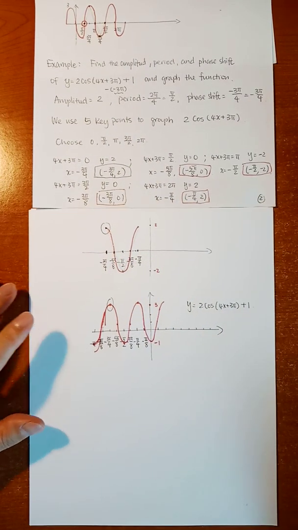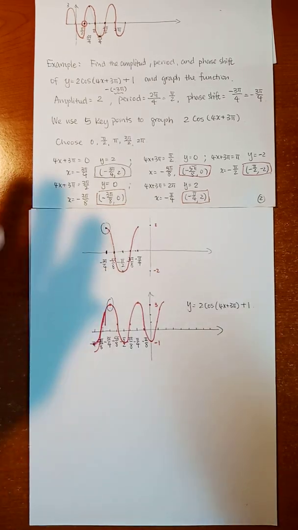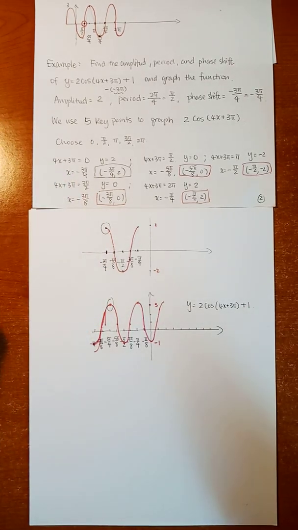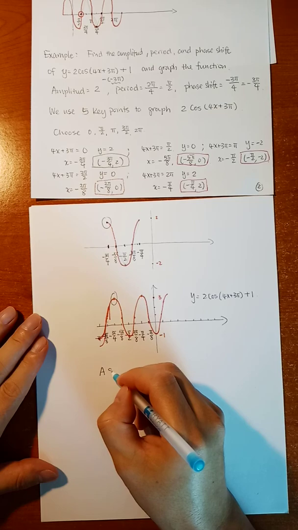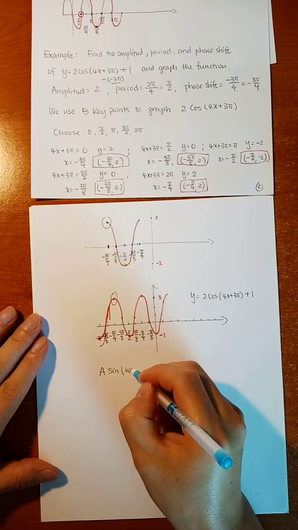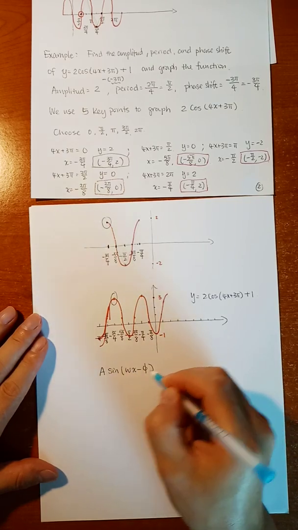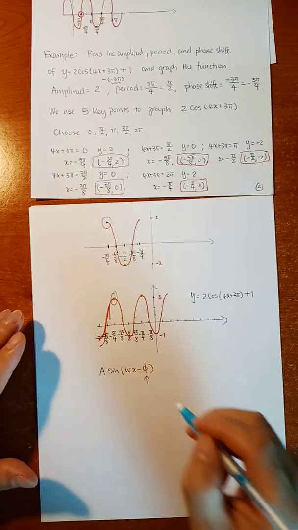And the computation is not difficult. The 5 key points are not a new technique, but when you try to determine the phase shift, you have to be very, very careful. Remember that it's always sine or cosine of wx minus phi. It's always subtraction.